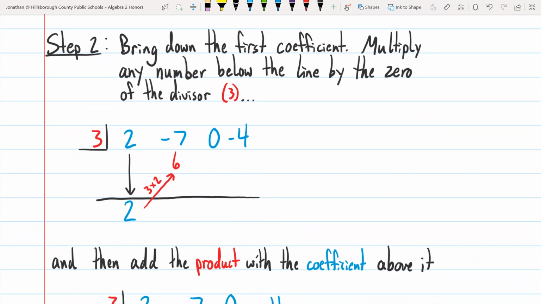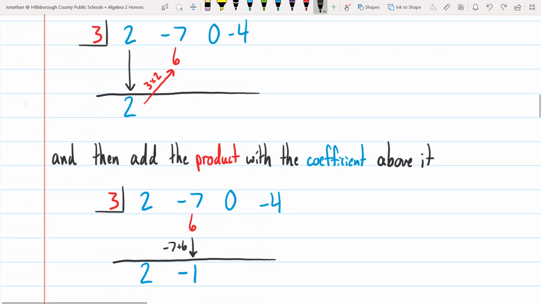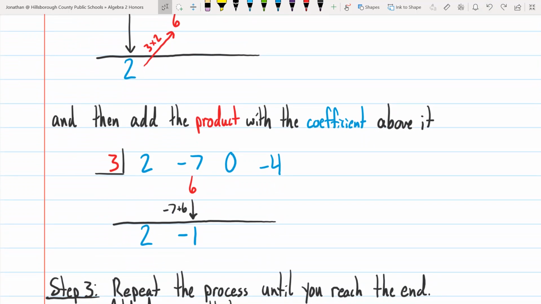So again, step 1, drop down the first coefficient and then multiply it by your number in the box. And then we're going to add this product with the coefficient above. So anytime you drop down, you are just adding whatever you see in this column. That's why this one was just 2.